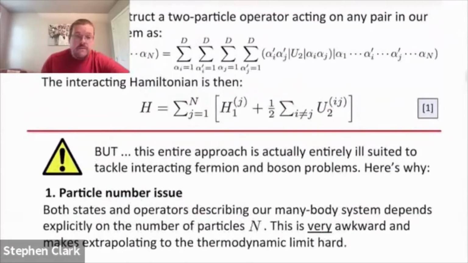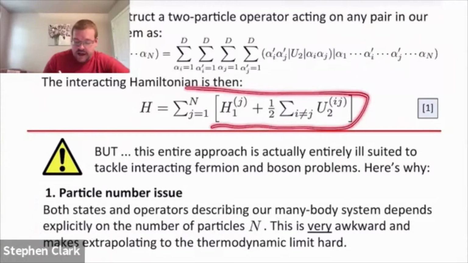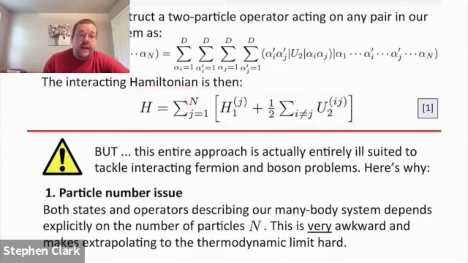Okay, so the approach that I've just advocated is not very nice, building up this huge Hamiltonian and working in this basis. And there are two problems. One of them is relatively benign. It's the particle number issue. You'll notice that all the operators that I constructed here, I had to know exactly how many particles I had to begin with.